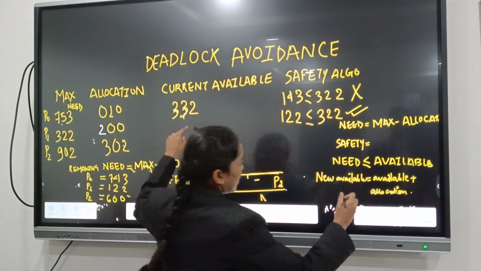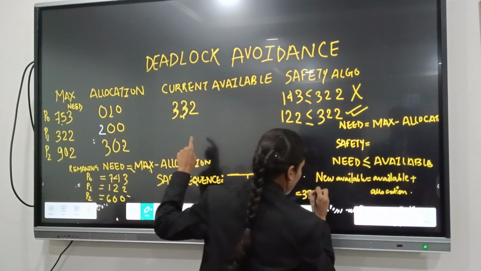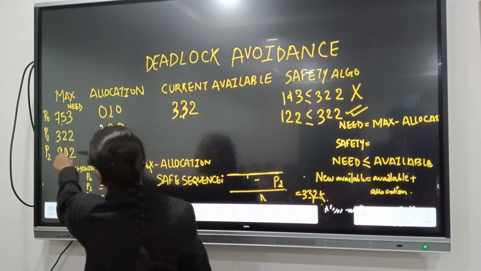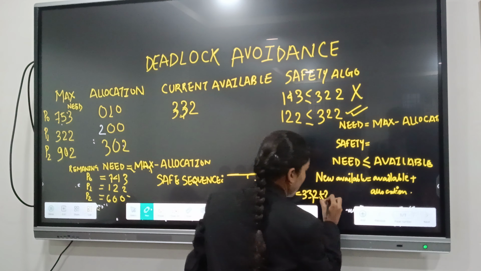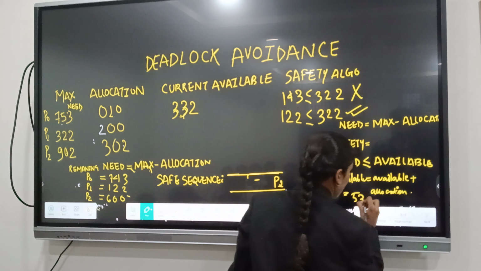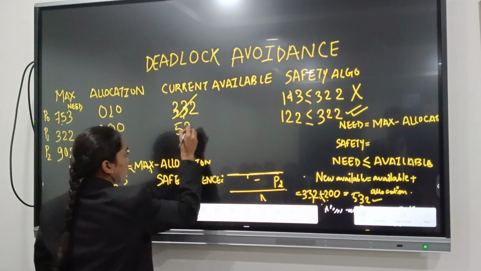The current available is 332, plus the allocation of process P1, which is 200. So it is 532. Now the current available is 532.